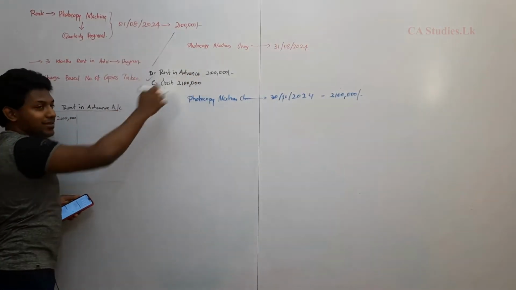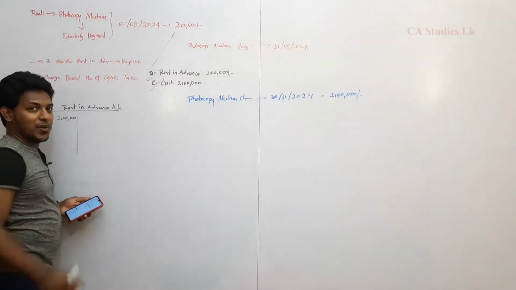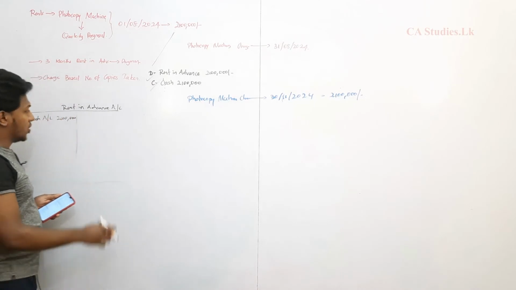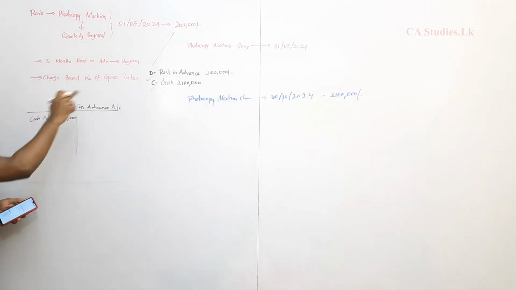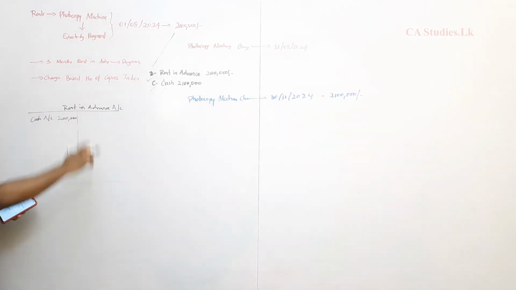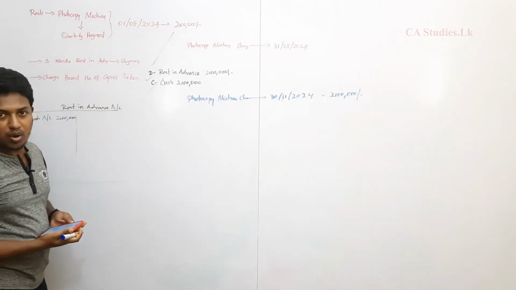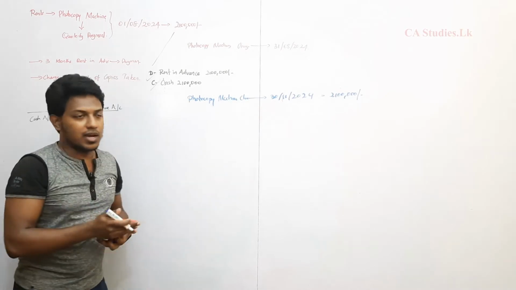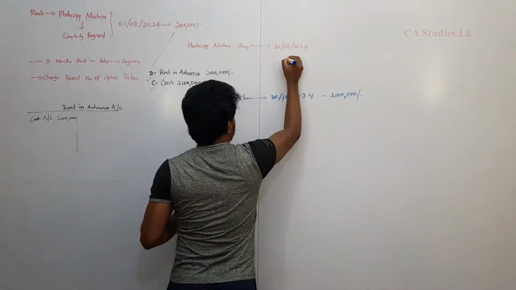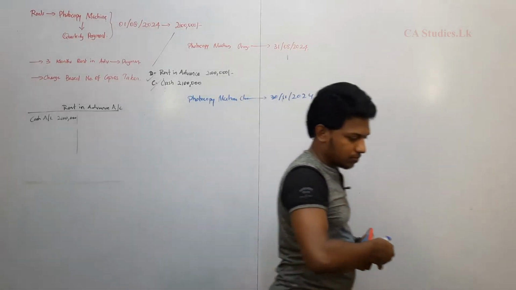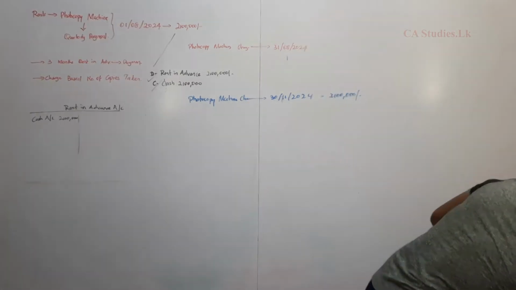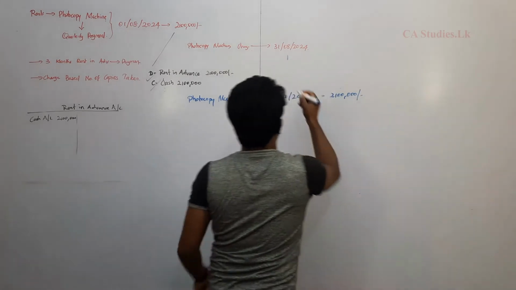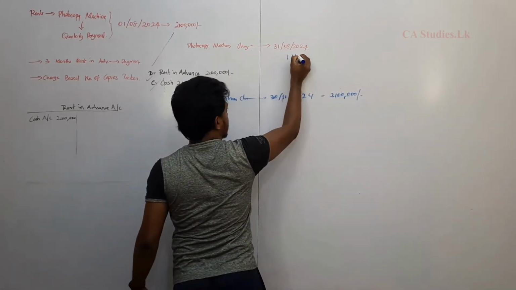So 1 month of rent we have consumed. So from the rent in advance we charge the expense. 2.1 million paid for 3 months, August, September, October. So on this day 1 month we have consumed. Only 1 month.